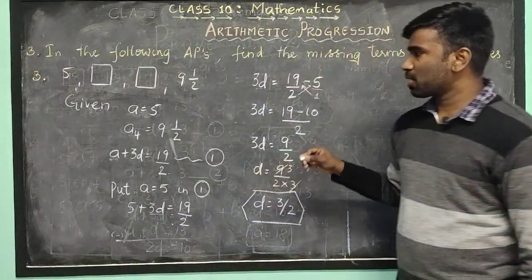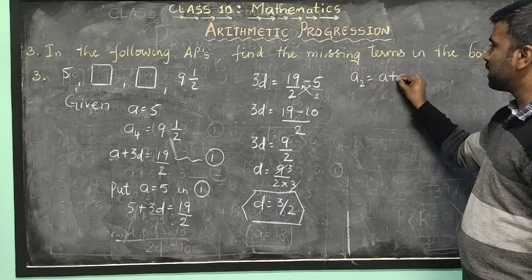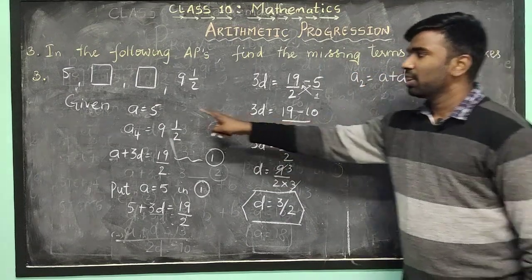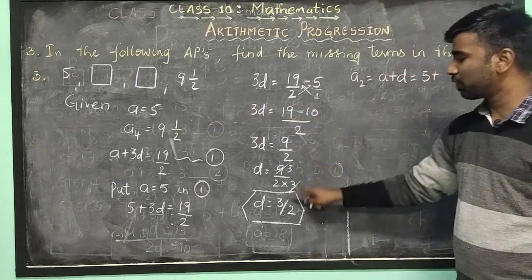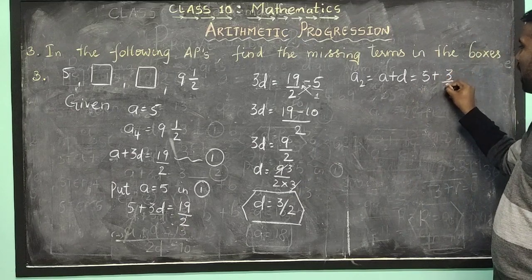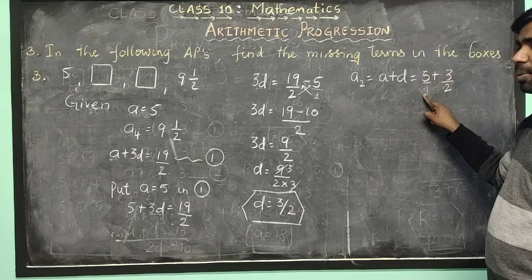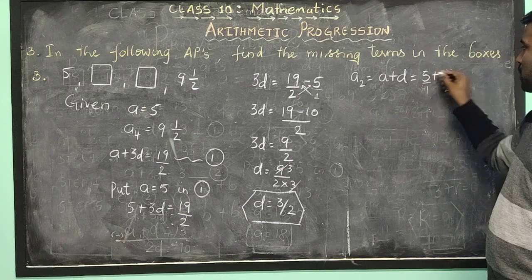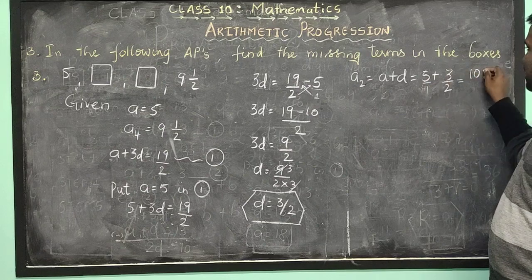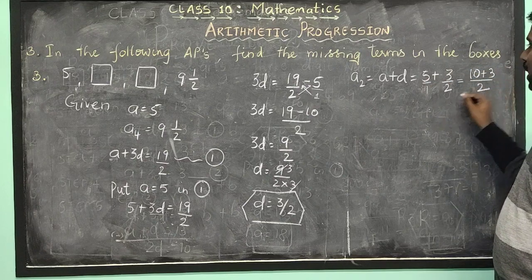Now a2 is given as a plus d. What is the value of a? It is 5. What is the value of d? It is 3 by 2. Again taking LCM, writing 5 as 5 by 1, LCM of 1 and 2 is 2. Now what I get is 5 2s are 10, 1 3s are 3, divided by 2. 10 plus 3 is 13 by 2.